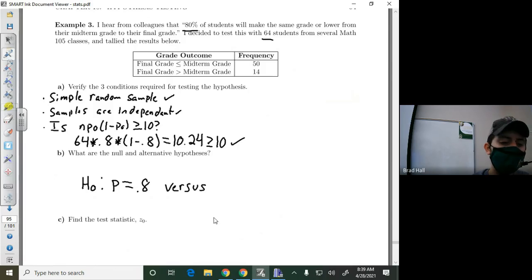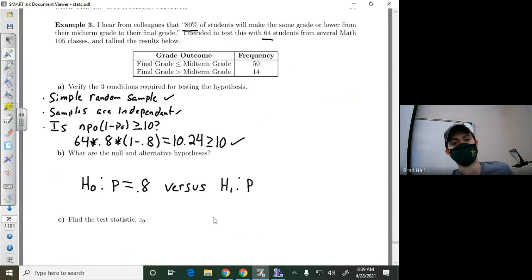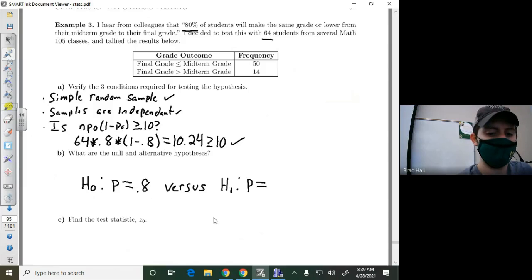Now the alternative hypothesis. Well, basically all I'm doing here is checking whether the 80% is true or not. So really the inequality symbol is not equal to. I'm trying to see, is 80% right, or is it some other percentage?